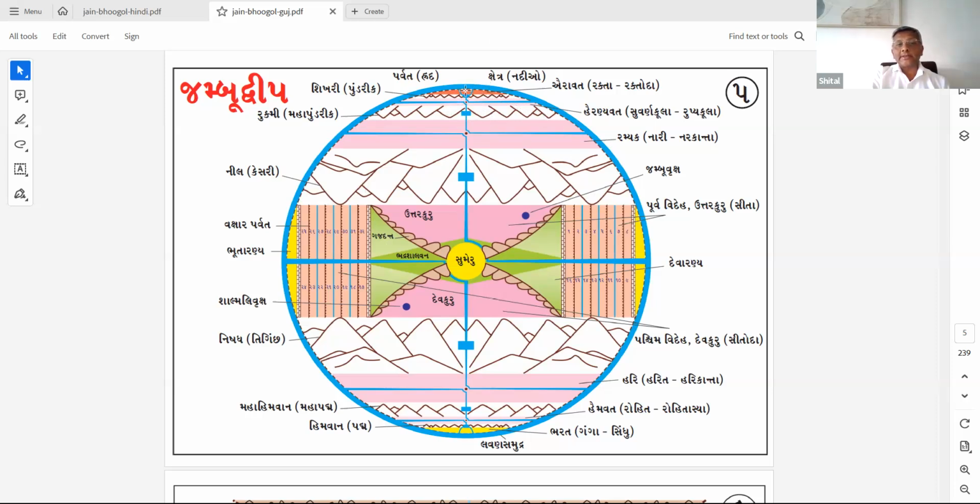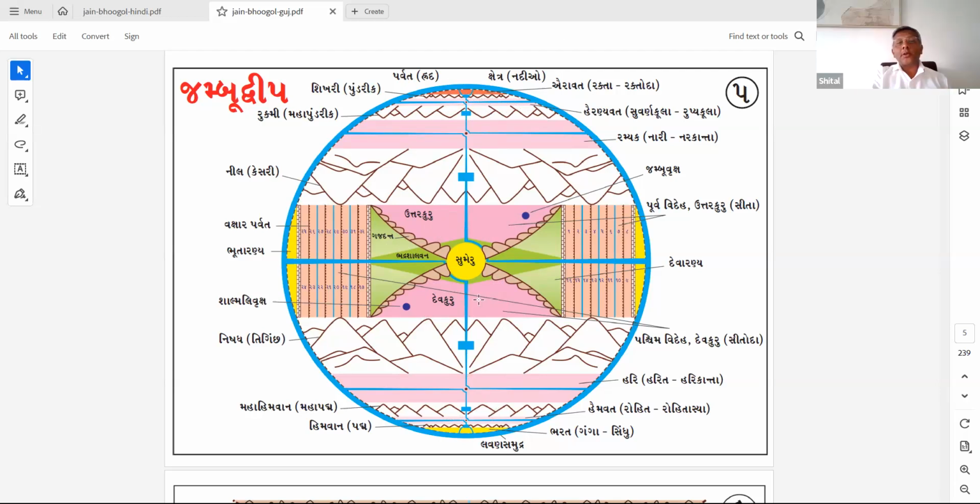Which is 1 here. So this land is Airavat Kshetra that you've seen. This is Jaganya Bhumi, the first pink area. This is Madhyam Bhumi. This is Utkrusht Bhumi. Similarly, on the south side, this is Utkrusht Bhumi. This is Madhyam Bhumi. This is Jaganya Bhumi.